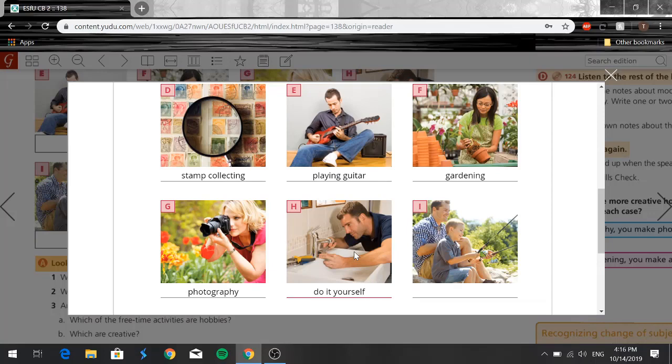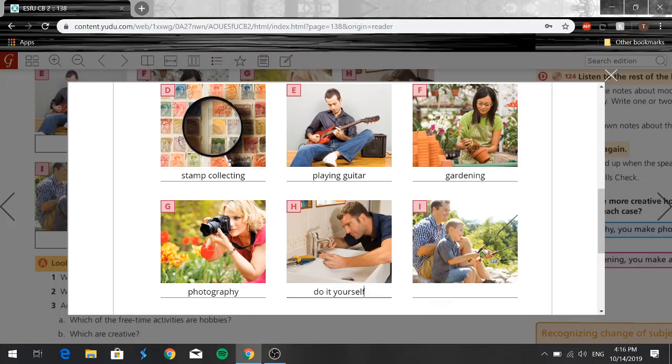Or even if you have to buy some stuff, it's really cheap or minimal, so you don't have to spend much or go out of your way. So that's basically the picture here. Someone's trying to fix their sink with DIY, doing it on their own with minimal equipment, if any is needed.